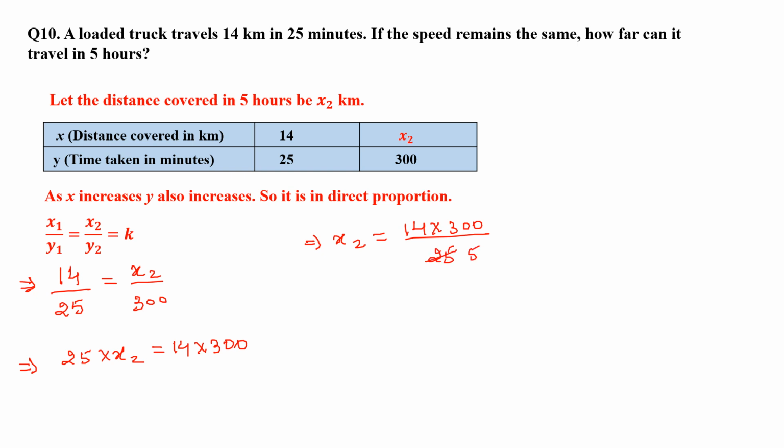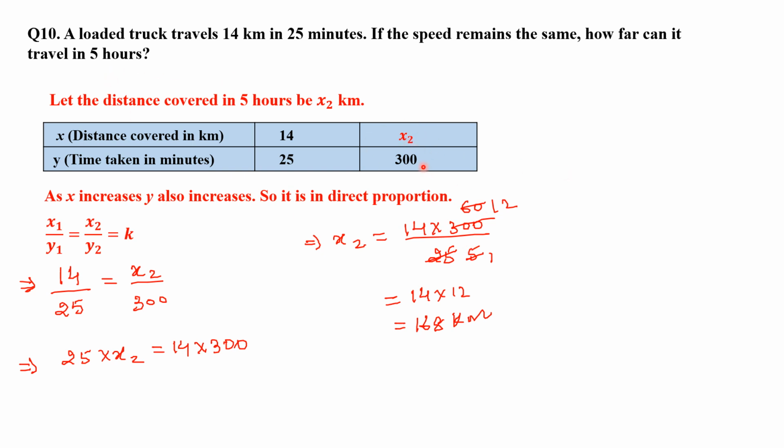Now 5 table, 5 times 5 is 25, 5 times 60, again 5 times 1, 5 times 12. So x2 is 14 into 12, and 14 into 12 is 168 kilometer. So in 5 hours, the distance covered will be equal to 168 kilometer.